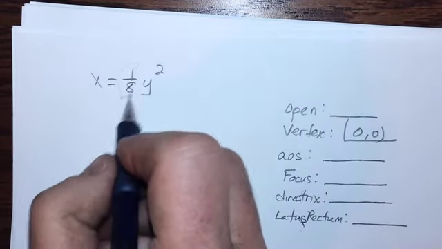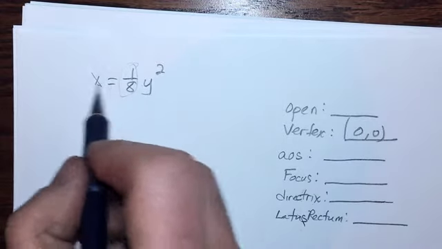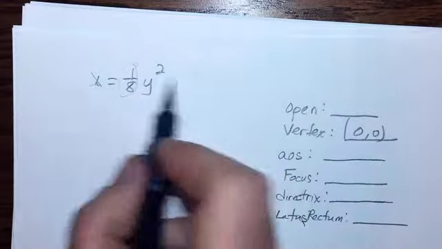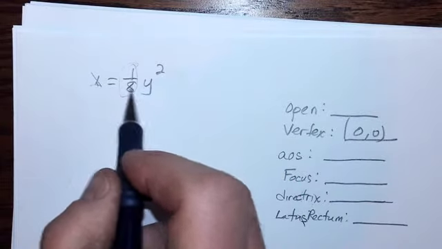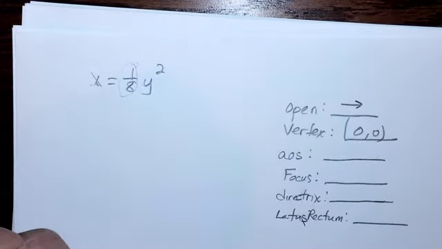And again, it's all based upon this right here. So if it's x equals, that means it opens in the x direction. So I know it's going to open sideways. Because this is positive, it's going to open in the positive x direction, so it opens to the right.